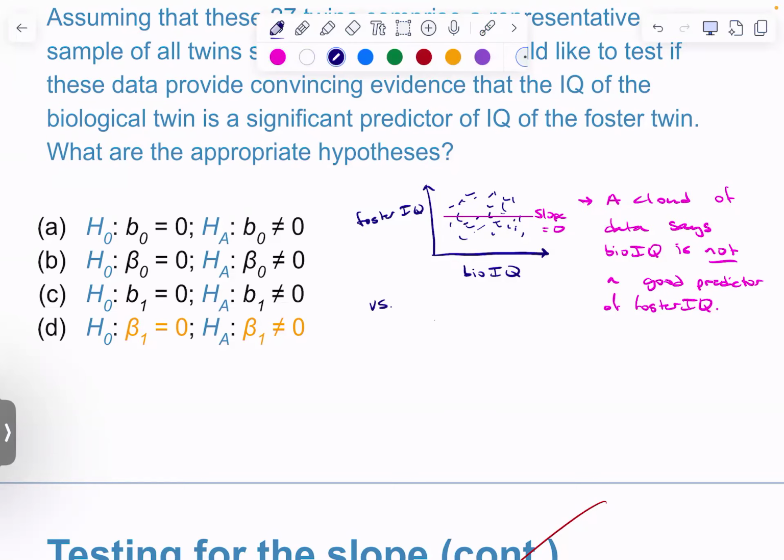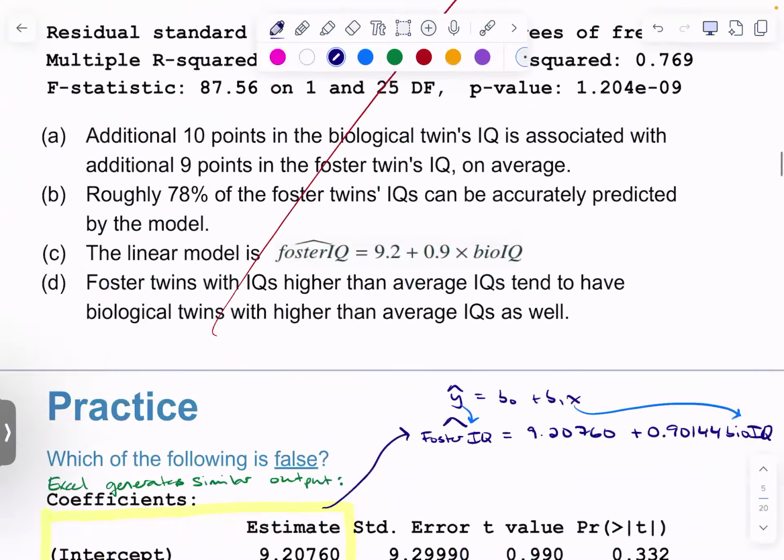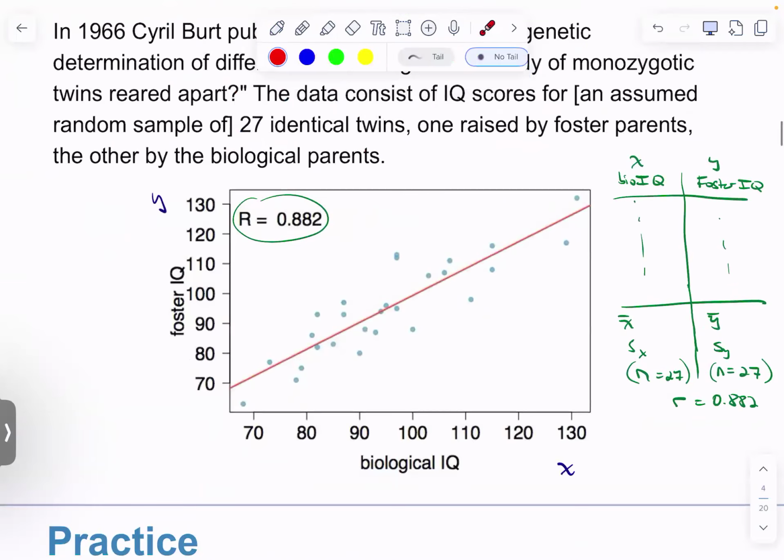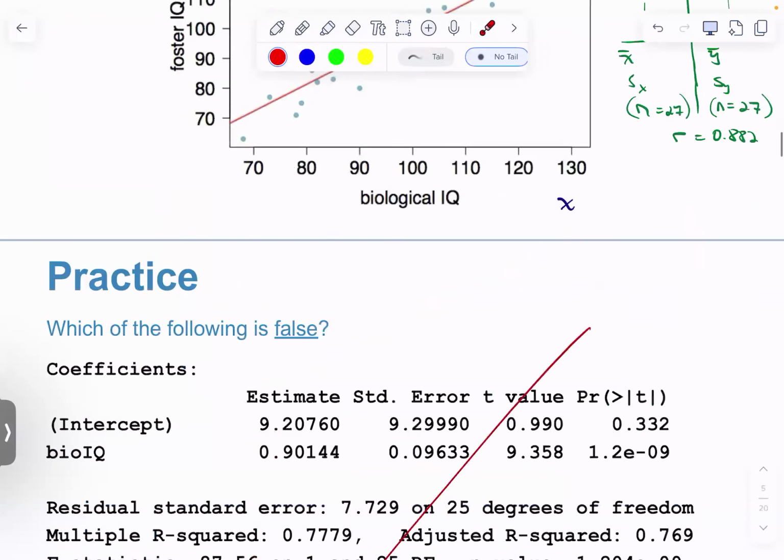Versus if we have something and we saw, well, we have the scatter plot. This looks like bio IQ is a good predictor of foster IQ, right? And so what we want to do is test that.